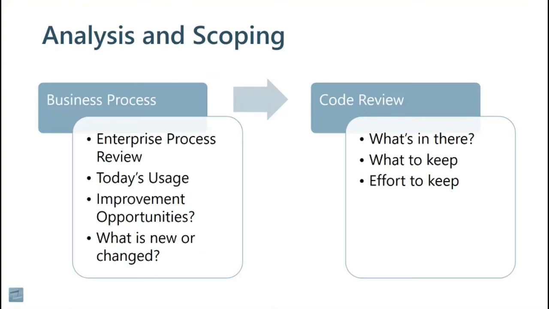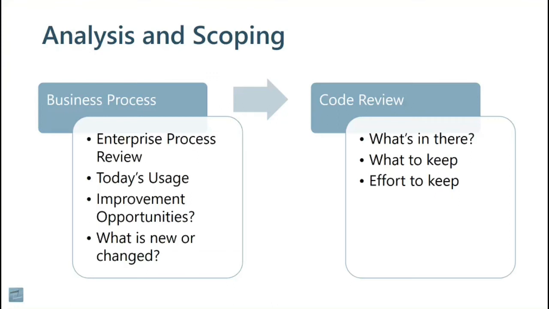For example, in the 2009 environment, you may have built a custom positive pay feature because it didn't exist as native functionality when you implemented the product. Now, if you can cross-reference that custom feature with your business processes, you may determine that the native capability, positive pay now being a native feature, means you may not want to do the work of upgrading your existing positive pay custom feature.